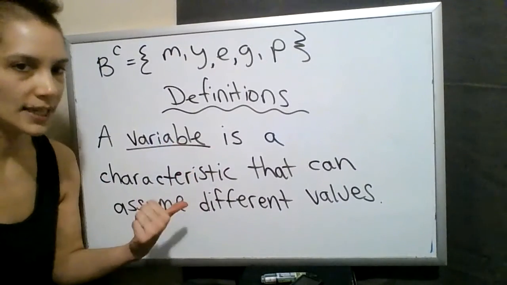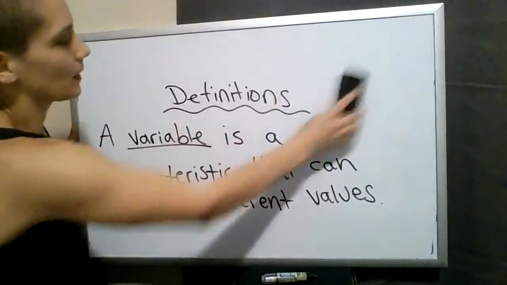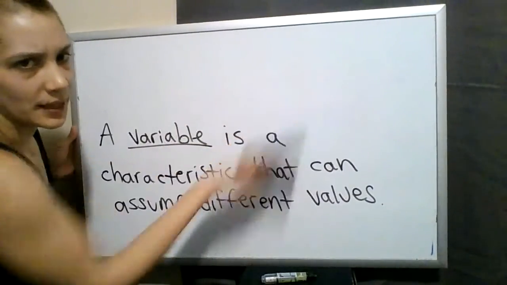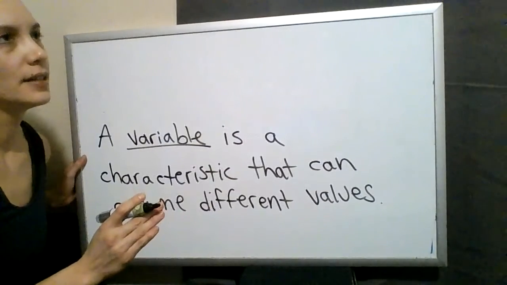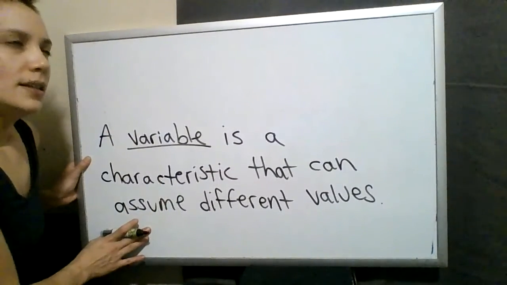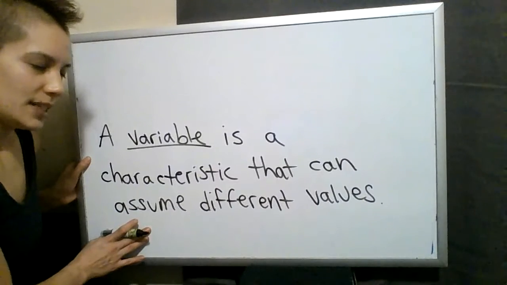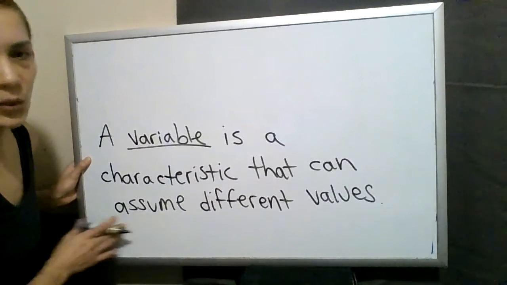So there's qualitative or quantitative. And don't worry about needing to memorize these definitions. It's just to be clear, so that later as we do examples, you know what I'm talking about.